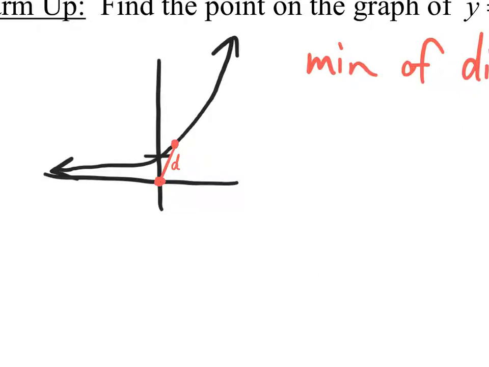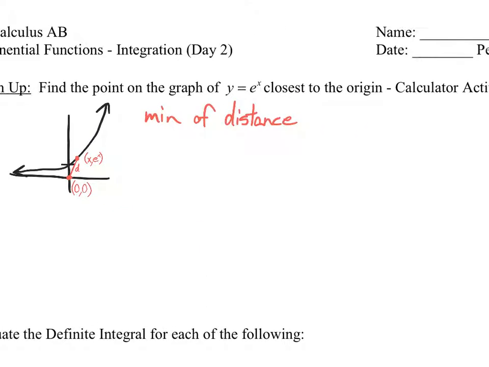Since that's the origin, the point (0, 0), what point is this up here? It's just some random point (x, e to the x). So now we've got to think about our distance formula, our distance as a function of x.